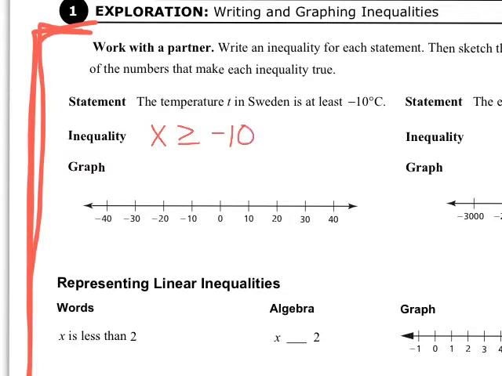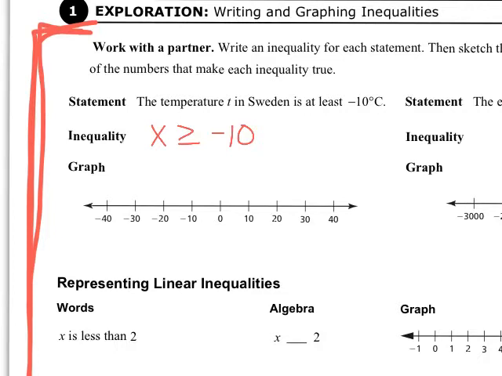I want you guys to untrain your brains from always thinking that is a greater than sign. I know technically it is a greater than sign, but what we have to pay attention to is not only what sign is there, but where the stuff is.